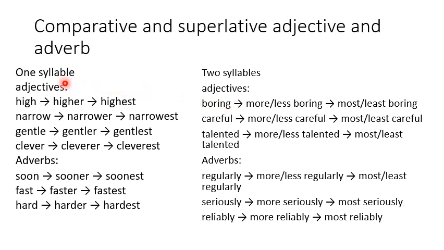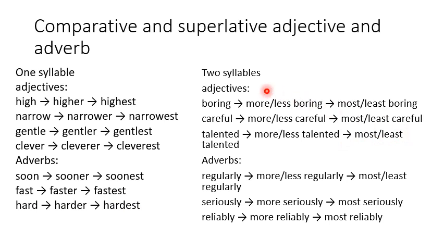For example, for a one syllable adjective or adverb, we simply add -er to the end of the word to make the comparative and -est to make the superlative. For example, high, higher, highest; gentle, gentler, gentlest. Similarly, for adverbs: soon, sooner, soonest; fast, faster, fastest; hard, harder, hardest.